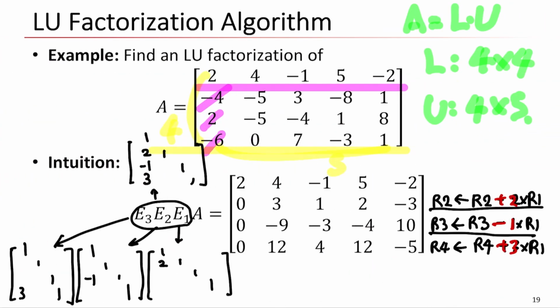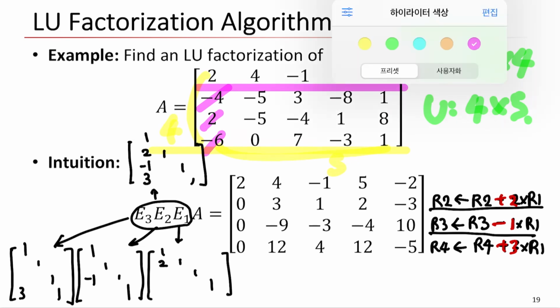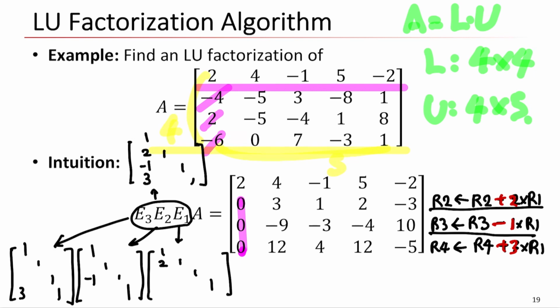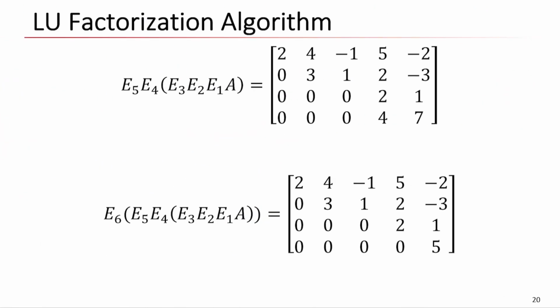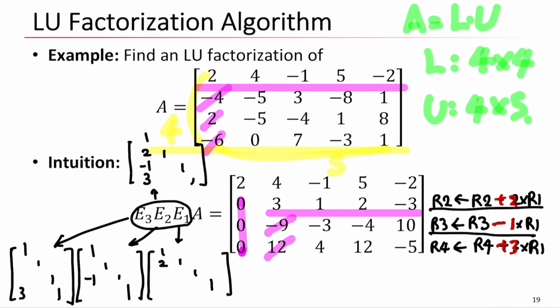And then, okay, we make a 0 here, and then we have to remove this part by using this rule. Okay, how? By using another elementary matrices E4 and E5.